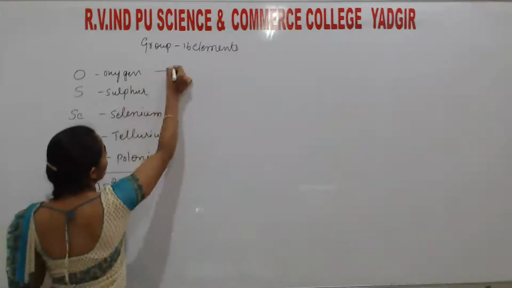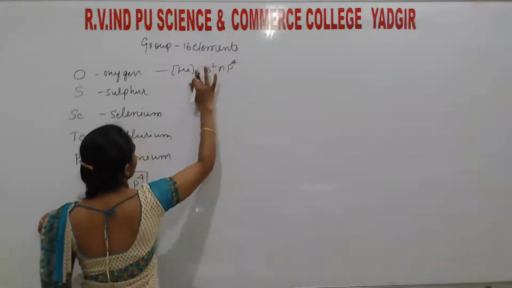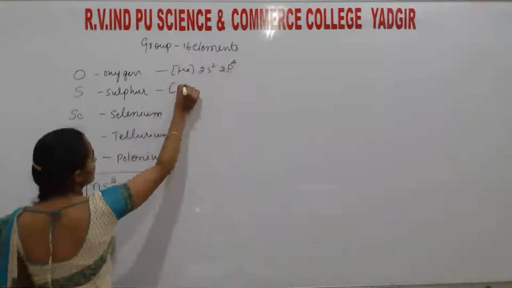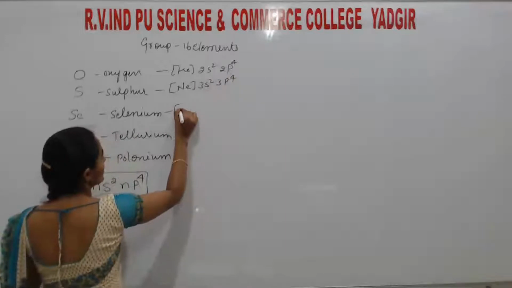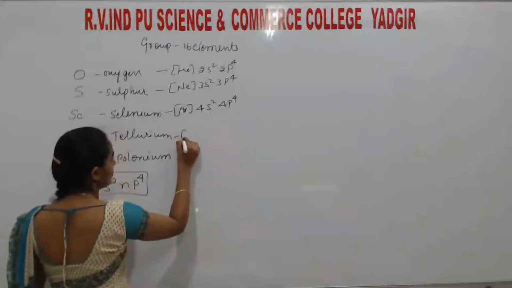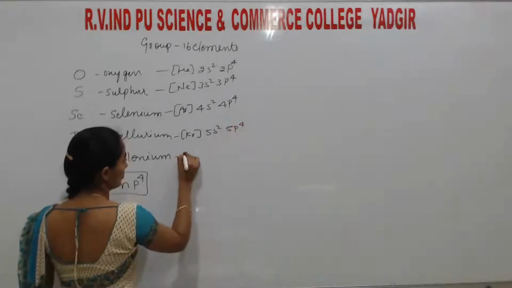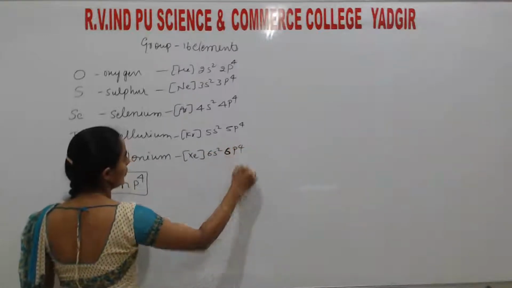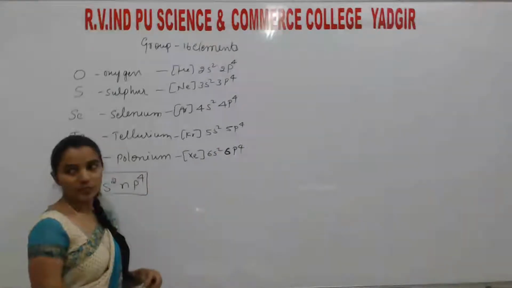That means this starts after helium: 2s2 2p4, then after neon 3s2 3p4, then after argon 4s2 4p4, then after krypton 5s2 5p4, then after xenon 6s2 6p4, and the last one, the radioactive element, after radon 7s2 7p4.